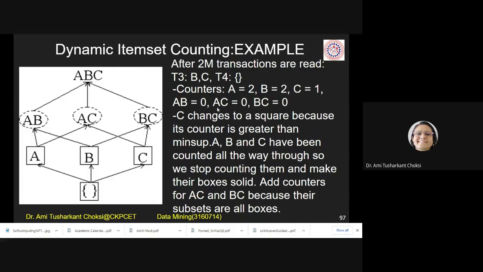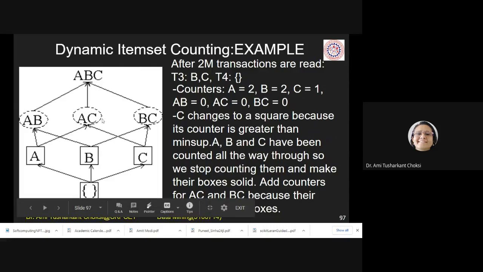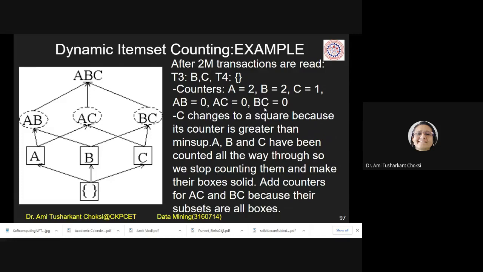Now we have encountered AC. AC is here? No, but here we are having it. So we have considered it as 0. BC, have we encountered it? Yes, here it is there. So we'll consider BC equal to 0. Fine? Okay. Now C changes to a square because its count is greater than minimum support. C is 1.